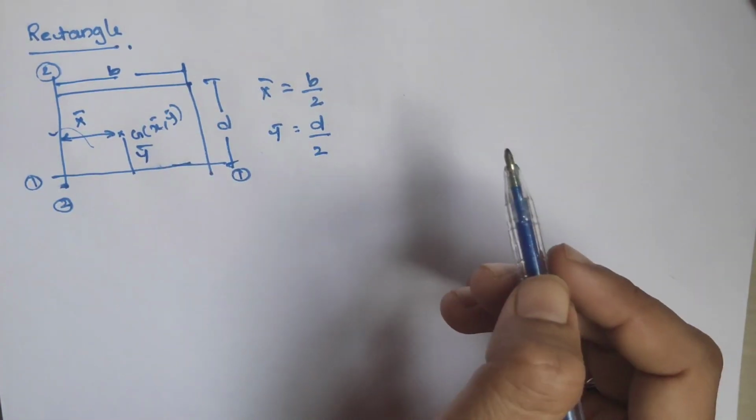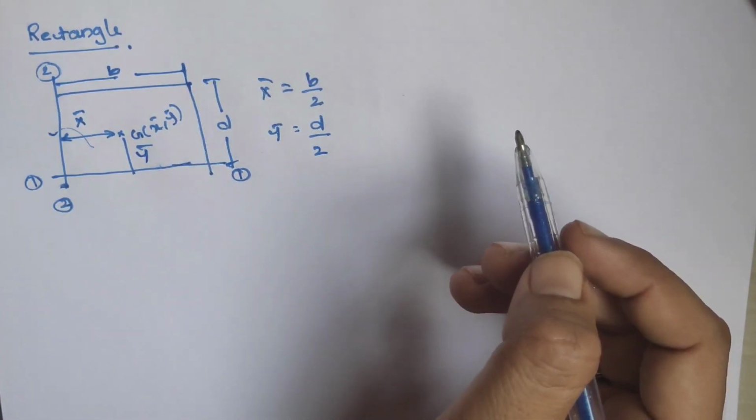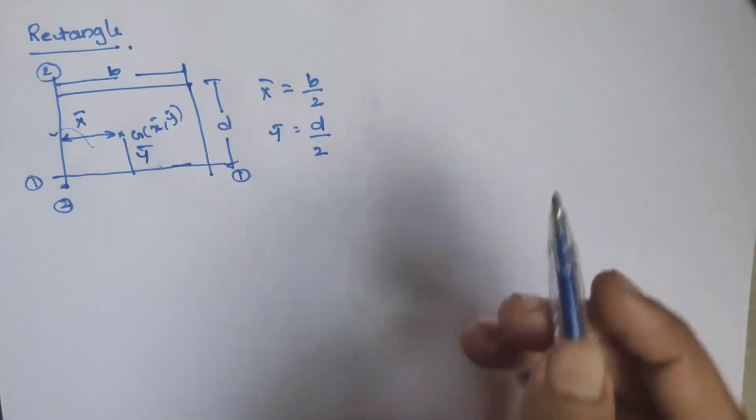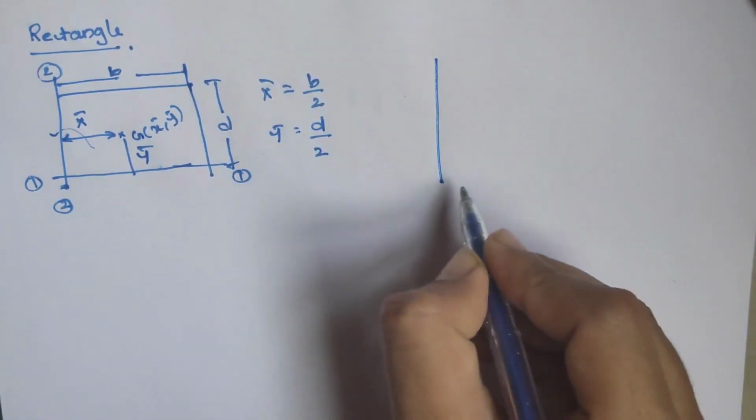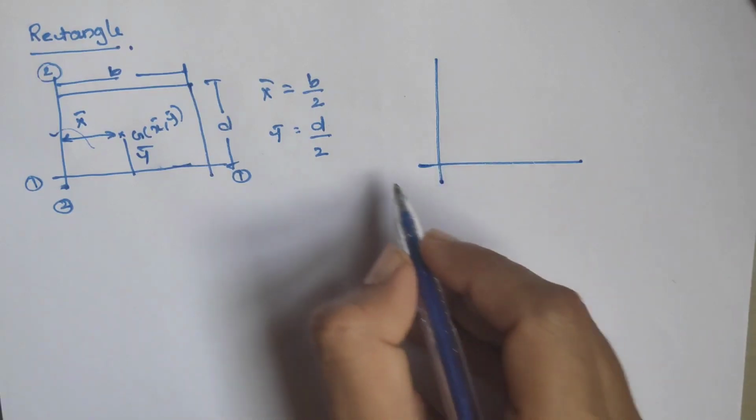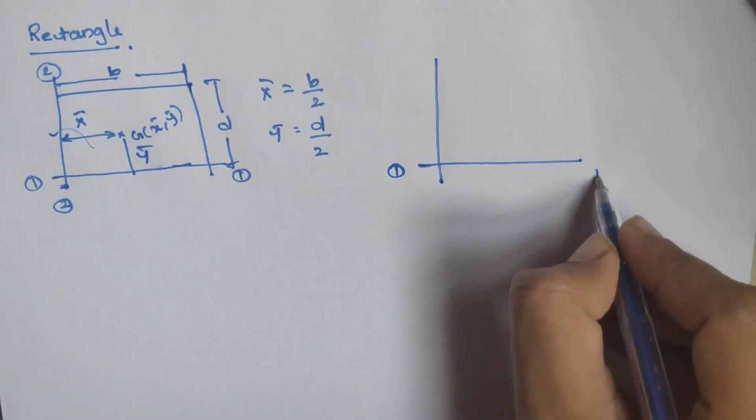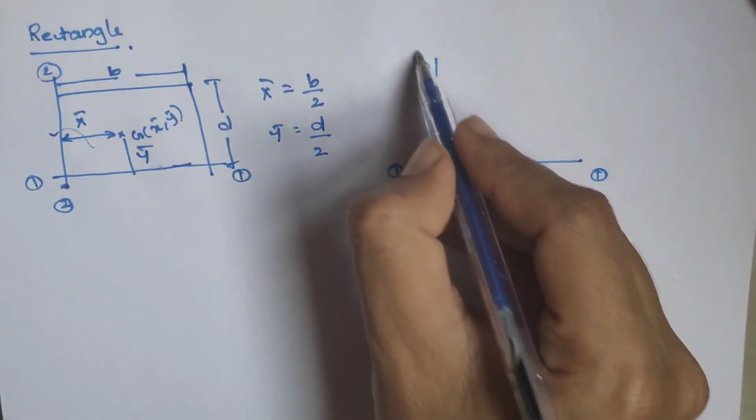Next we will see about the square. For square also first we draw two reference lines 1-1 and 2-2.